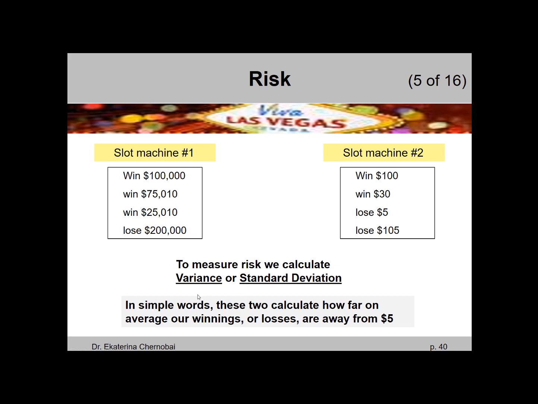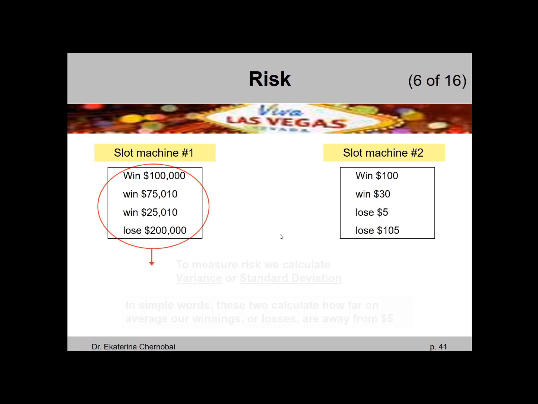So in other words, we want to calculate how far on average our 4 winnings separately for each slot machine are away from the $5 average that we have just calculated. Let's look at machine number 1.